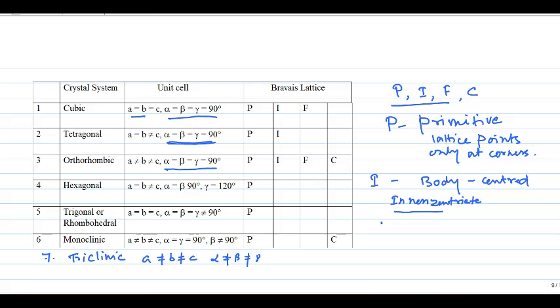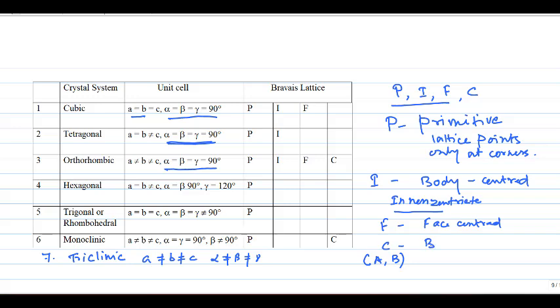And F stands for face centered lattice, where you have a lattice point at the centers of each of the faces of the unit cell. Then there is one more, that is C. You would also find A and B. I will tell you the meaning of that.